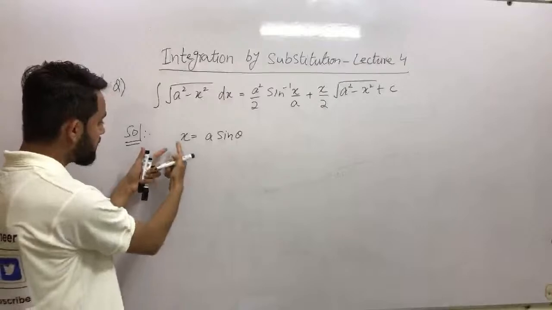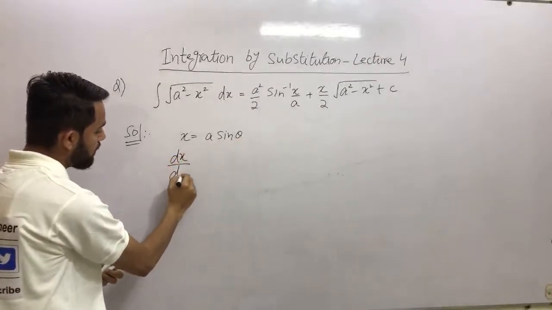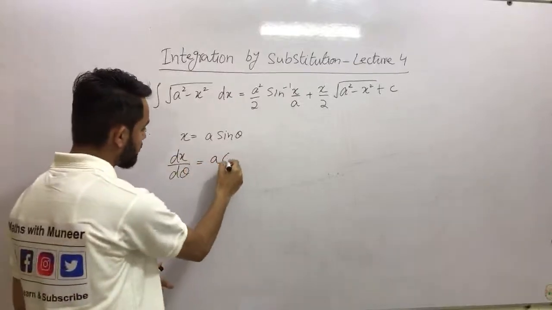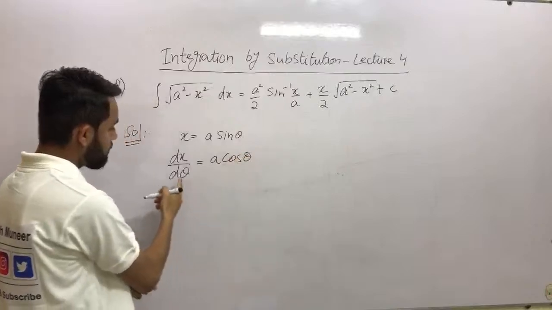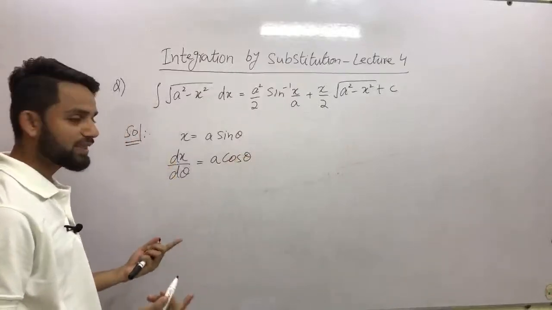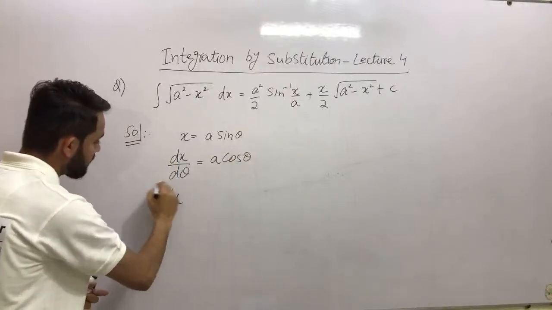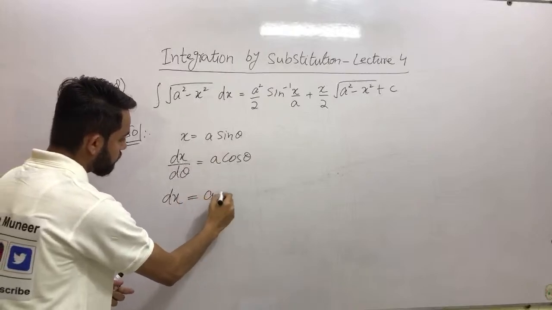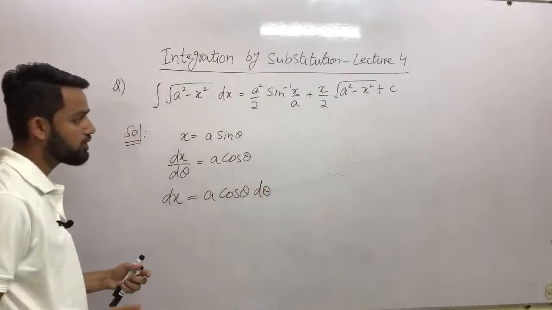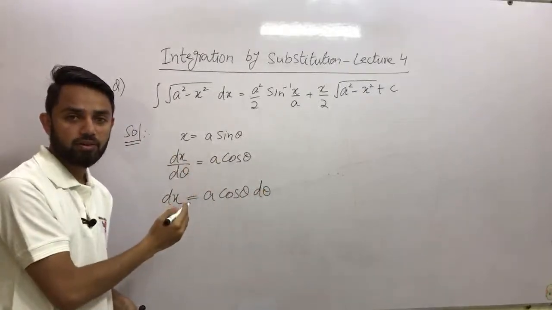So I am taking the derivative of x with respect to theta, and this would be dx over d theta equals a cos theta, since the derivative of sine is cos theta. Now we have to keep x and theta as separate entities, so I am shifting d theta to the other side, and it would be equal to a cos theta d theta. That's it. In mathematics you always get marks for your steps.